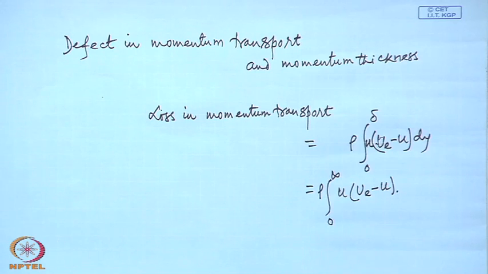And if we assume certain thickness in the inviscid flow across which this momentum can be transported, what would be that thickness? Think about an equivalent inviscid flow having certain thickness through which this amount of momentum is being transported.